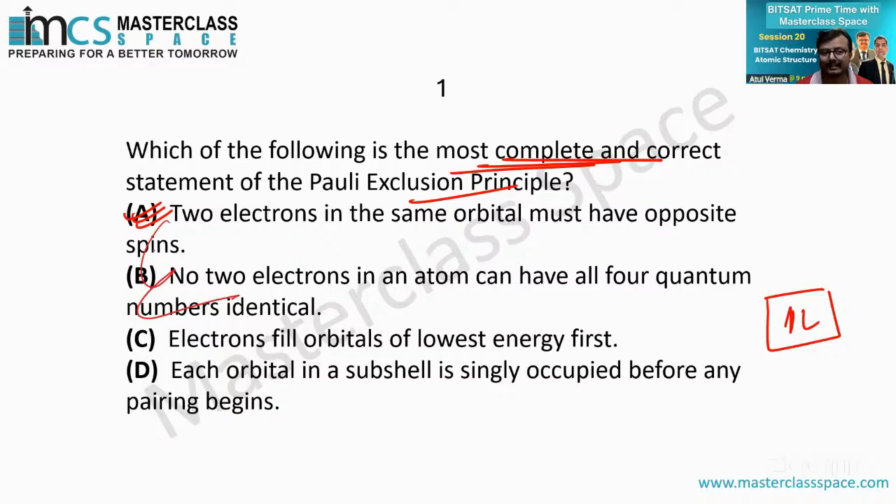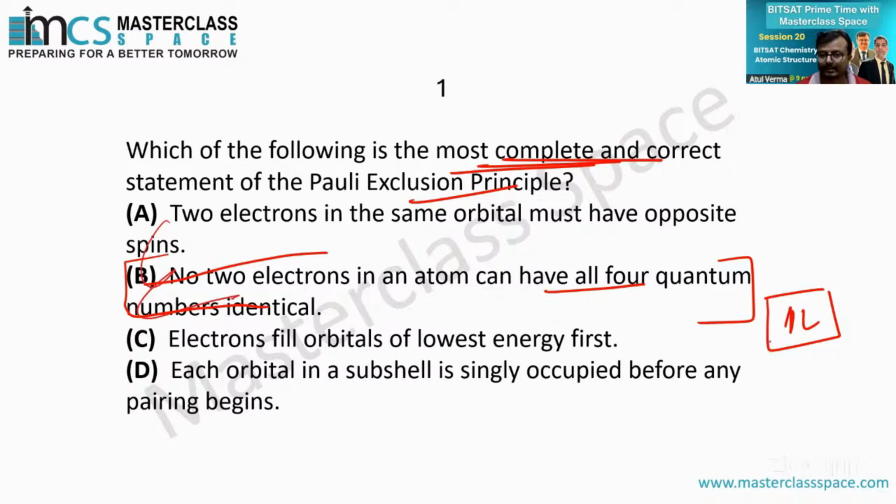However, that is very wrong, because the question very specifically asks you about the exact, complete, correct statement. Pauli's exclusion principle, my friends, very specifically says that no two electrons can have identical 4 quantum numbers.